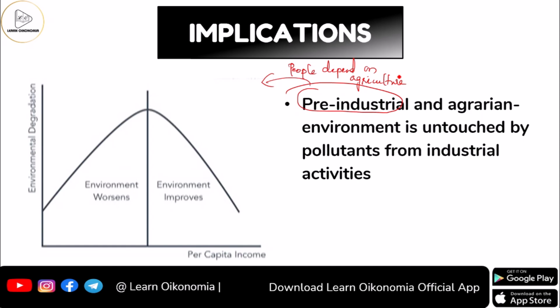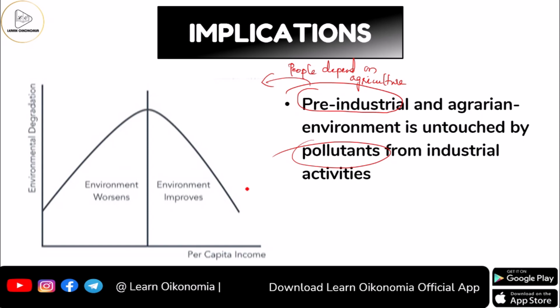So whenever this is the scenario, the environment would be very clean. There will not be pollutants in the environment from industrial activities. So the pre-industrial level is free from pollutants.